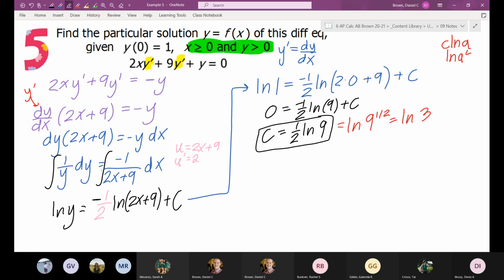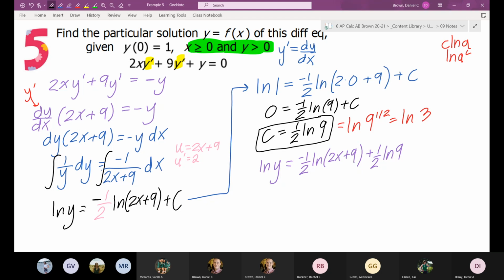So finishing out that problem, I am going to use the ugly one just because it didn't really ask us to simplify it. So I have the natural log of y is equal to negative 1/2 natural log of 2x plus 9 plus that c value, which is 1/2 natural log of 9, or natural log of 3, same thing. And then solving this one, we do want to solve it for y. So what do I need to do to both sides to get it in the form of y equals?